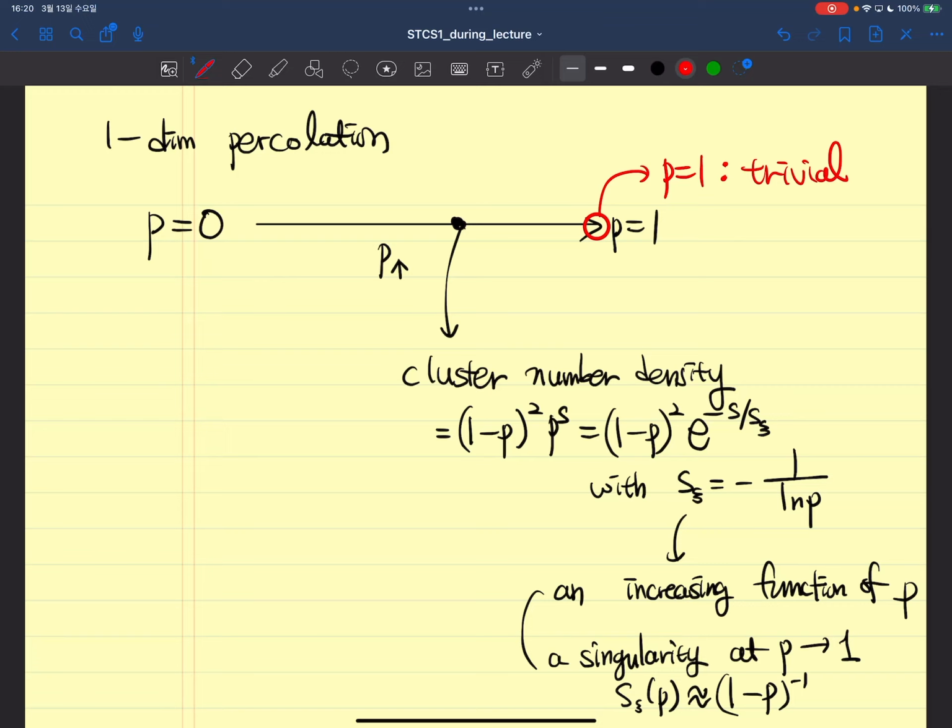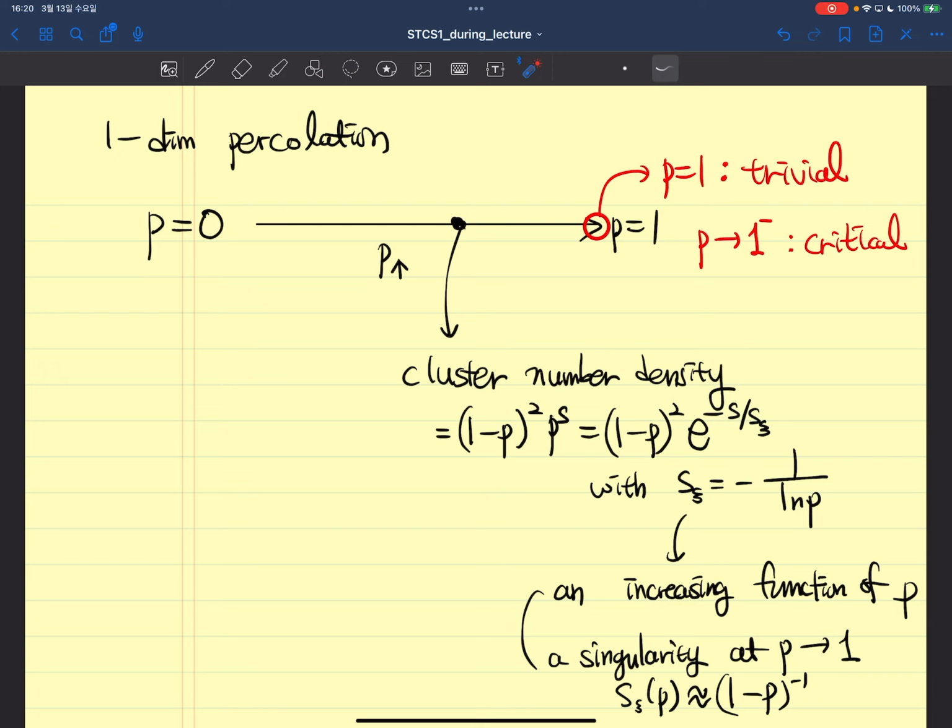But I think you already know that P equal to 1 and P goes to 1 is actually different, the limiting behavior. So this is kind of critical. So again, this is kind of a weird coexistence.